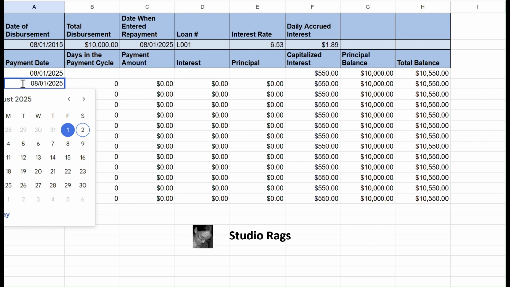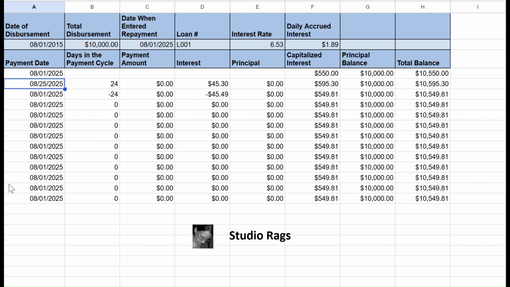So click in here, say you're going to make the payment on the 25th. Then this spreadsheet will automatically calculate the number of days in the payment cycle that is needed to determine your daily interest amount. Okay, very important. So in this spreadsheet, the formula is already calculated for you.